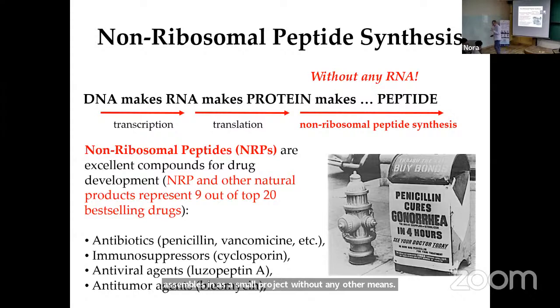And you all actually benefited from this process, because most antibiotics are related to this process. Antibiotics like penicillin and vancomycin are made defying the central dogma and are assembled by a protein making another protein.